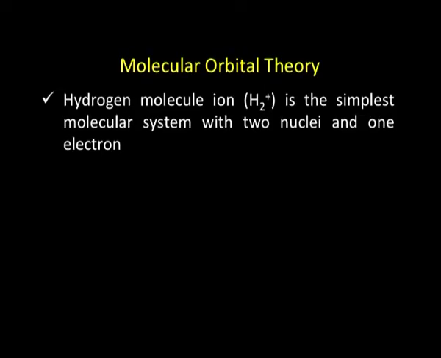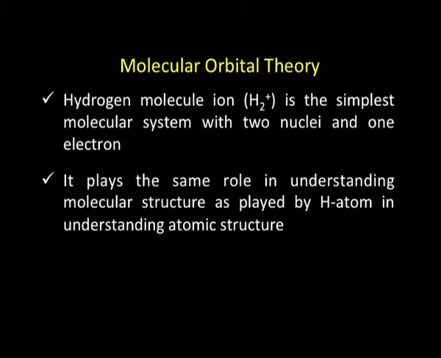Similarly, when we talk about molecules, the hydrogen molecule ion, with two nuclei, that is two protons, and one electron, is the simplest possible molecular system we have. So, it plays the same role in understanding molecular structure as the hydrogen atom plays in atomic structure.